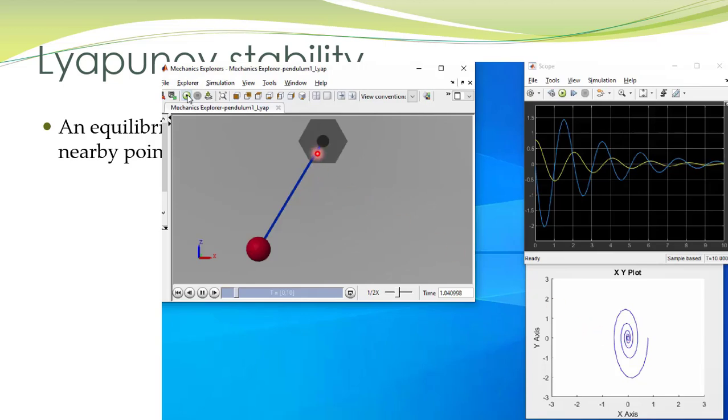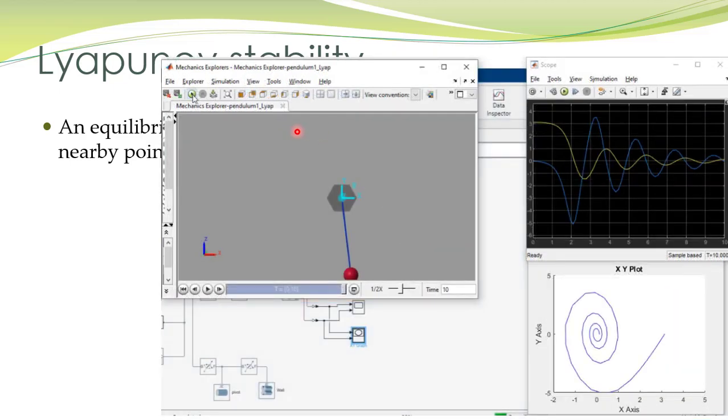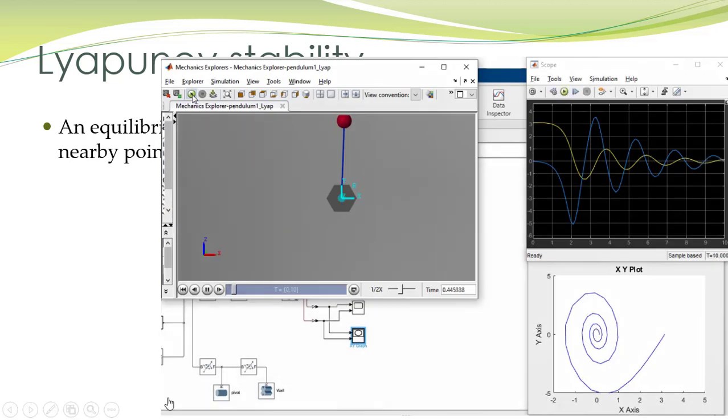Compared to that, if we talk about this equilibrium point in upright position, we have this situation. So if we drop the pendulum from this upright position, it will move away from that equilibrium point. Here is the plot of system states, angular position and angular velocity, and the phase portrait over here.